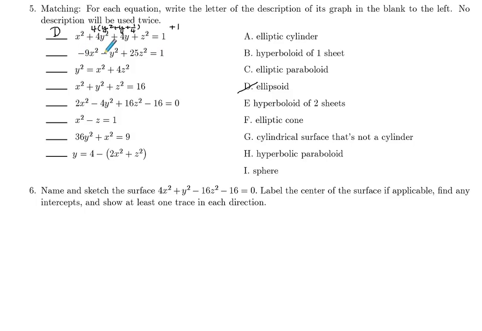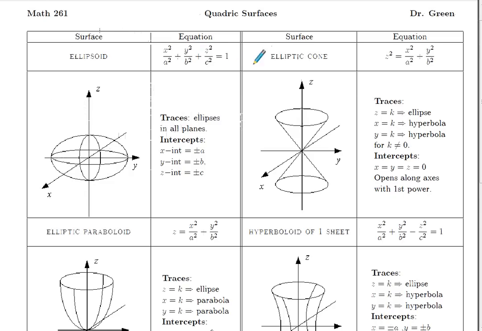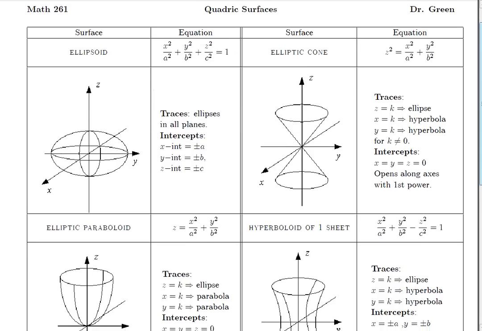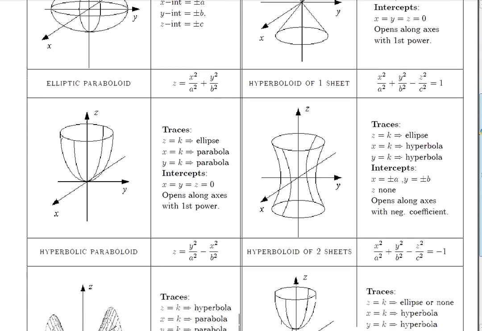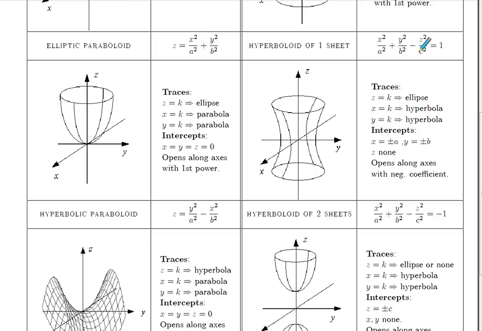Here I see two negatives on the left and a positive z squared. There's no shifting going on here, a 1 on the right-hand side. So let's go and look at our forms here. So we had a 1 on the right-hand side. This had two positives and a negative with a positive 1. This has two positives and a negative with a negative 1.